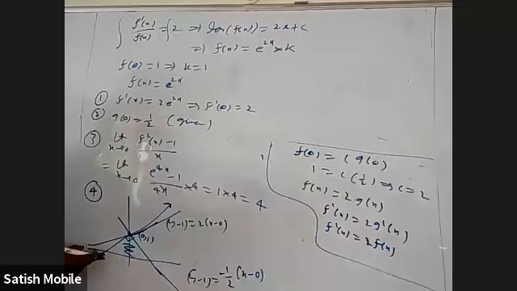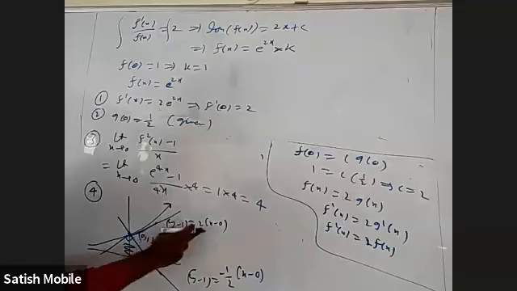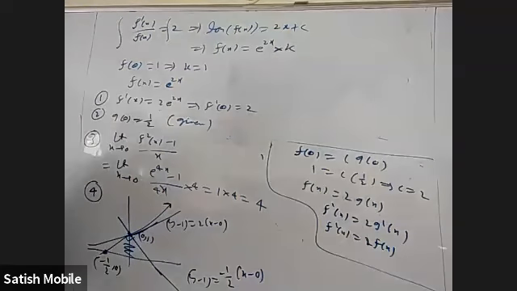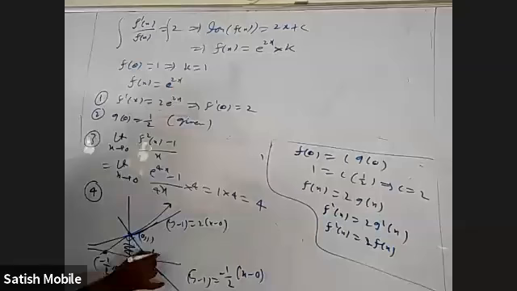When you try to find the x-intercept of the tangent, put y equal to 0, and I get minus half. So this point is minus half comma 0. For the normal, the x-intercept means y equal to 0, and it comes 2 comma 0.